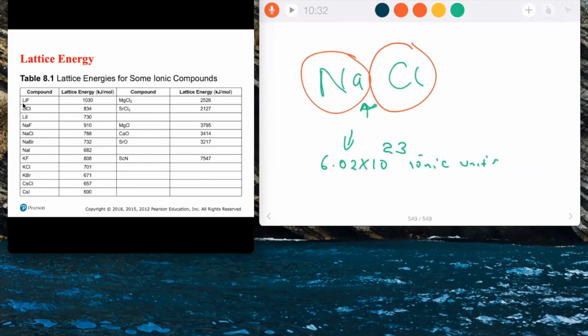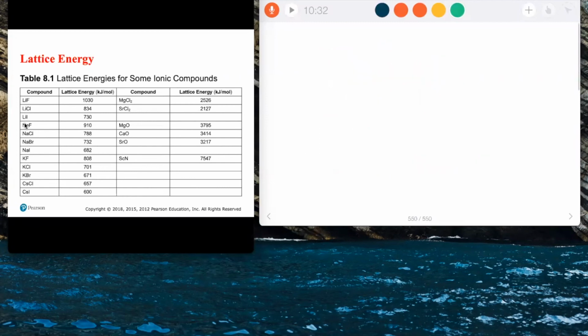If I look at the lithium, they are the same. If I draw, assuming that I'm able to have a constant radius for lithium, let's say we have lithium, lithium, and assuming they are the same. But if you go down, this is getting bigger and bigger and bigger, the ionic radius.